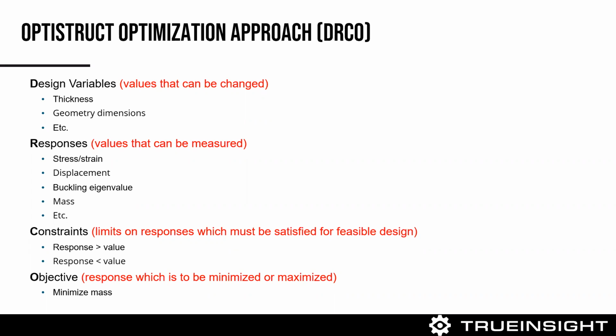Responses are what you're measuring. In most cases, people are running optimization for some type of structural analysis. Maybe it's a thermal analysis, but let's say you're running a structural analysis. You might be monitoring your critical stress. You might not want to go above your yield strength because you don't want a permanent deformation. That's a classical response you might have, or maybe a key displacement. The constraint is how the software removes mass from the system.